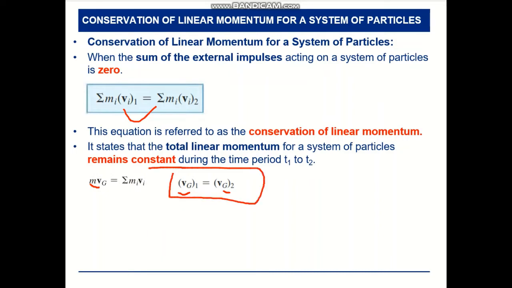If we take each velocity, it can change, of course, the internal velocities with the particles. But as you can see here, the center of gravity, not center of mass, center of gravity, the initial velocity and the final velocity are going to be the same. So the system velocity conserves itself.